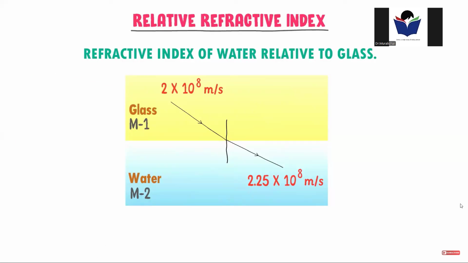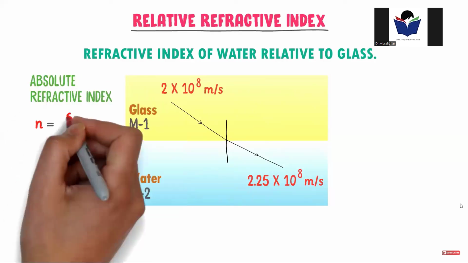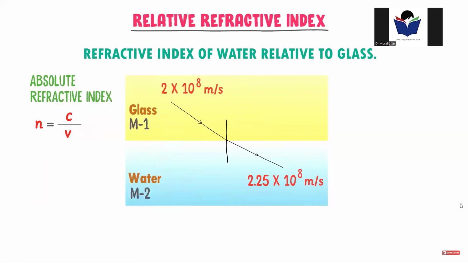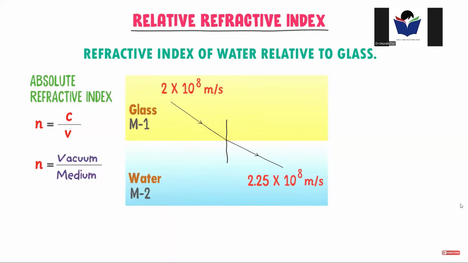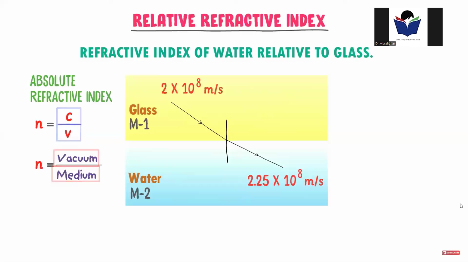We know that absolute refractive index n is equal to c upon v, where c is the speed of light in the vacuum and v is the speed of light in a medium like glass. So we always put the reference medium, like vacuum, in the numerator, while we put the medium, like glass, in the denominator in which we find the refractive index.